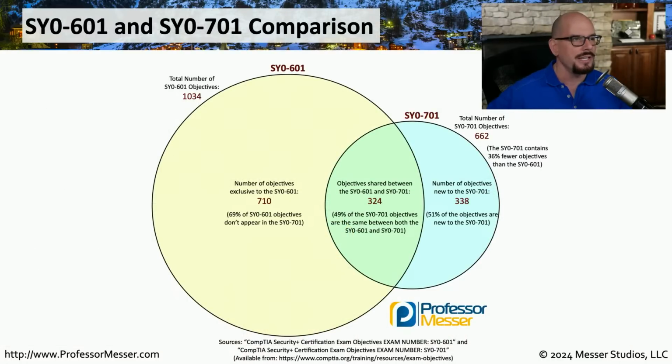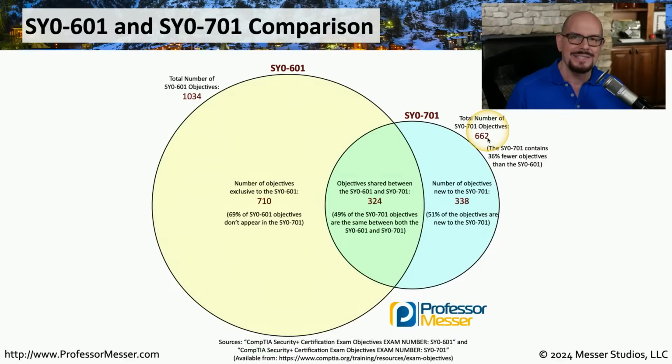This large yellow circle is the SY0-601 exam objectives, and the SY0-701 circle is this blue and green circle that you see on the right side. So already visually, you can see that the 601 has a larger number of objectives. It has 1,034 objectives versus the 662 objectives that you need to know for the 701.